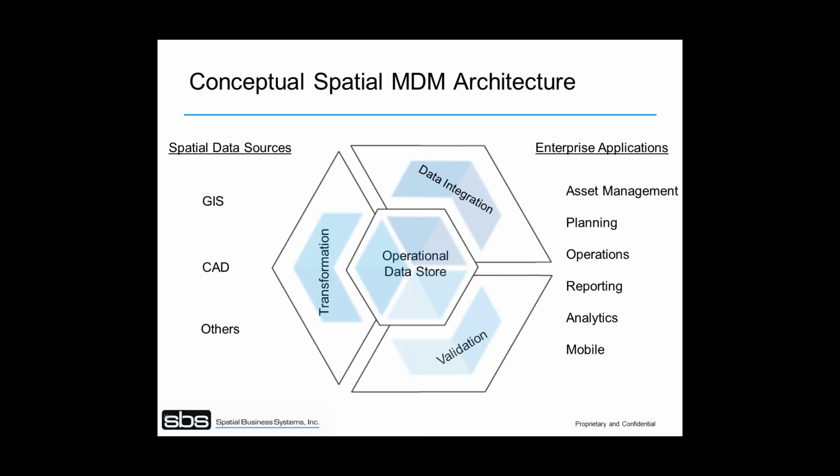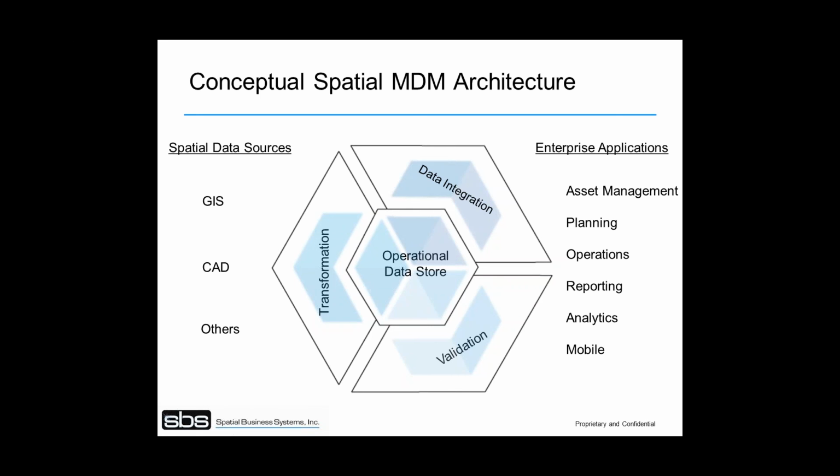And that then, prior to getting into the operational data store, or the ODS, as we'll refer to it, needs to go through a transformation and validation process. And ultimately, some aspects of data integration. Now, we're going to focus on all three of these and how it has been done in various spatial MDM projects over the next several slides.